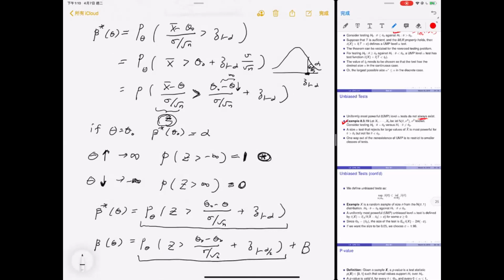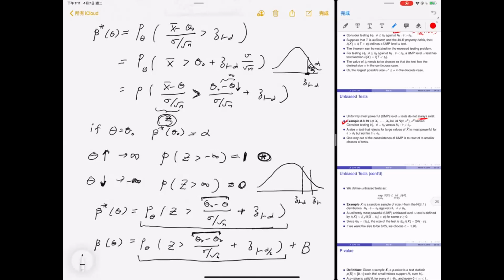Imagine that these two are constant, or fixed values. These two are basically the same thing, so they have the same base. But one has a smaller quantile and one has a bigger quantile.